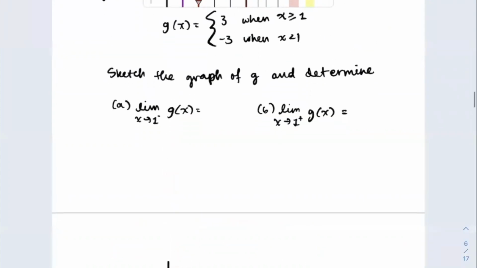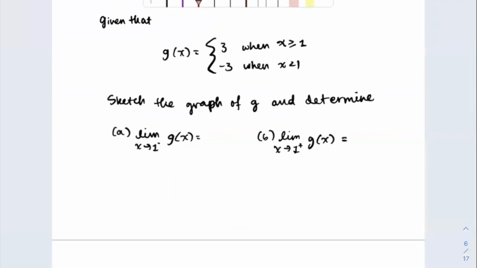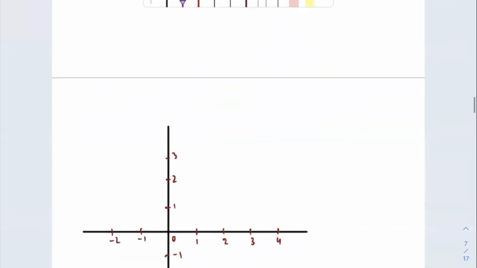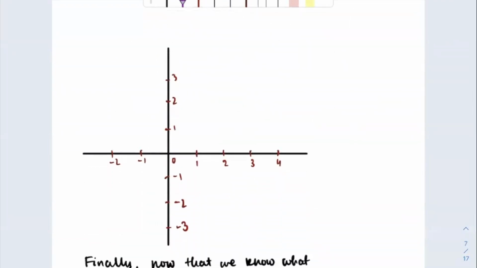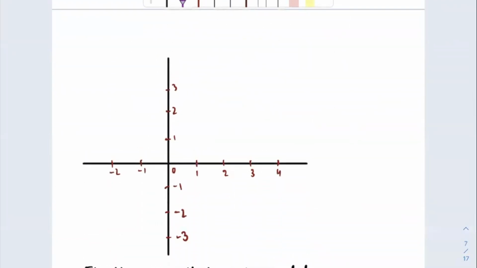Okay, so now we're told that g of x is equal to 3 when x is greater than or equal to 1. So when x is at least 1, and this is 1 over here, then we're going to be defining g of x to be equal to 3. And remember, because this is greater than or equal to 1, the value of g of x at 1 is also equal to 3, and that's why we close this dot, so it's filled in.